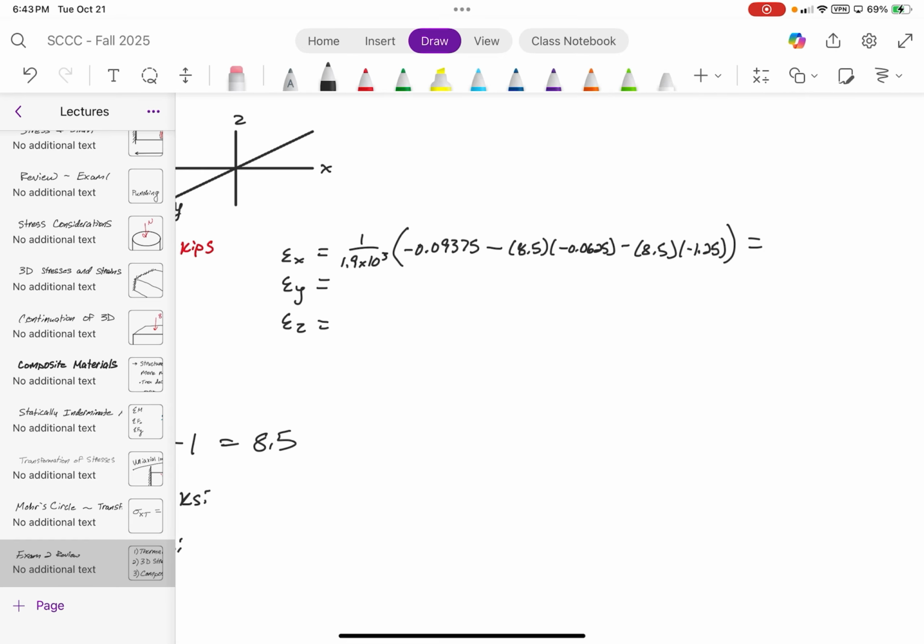Does everyone get 0.0058? Good. Do the same thing for epsilon y now.